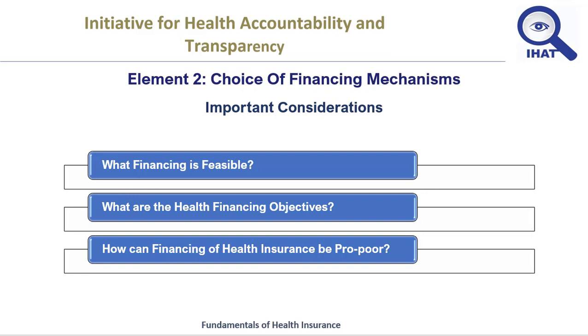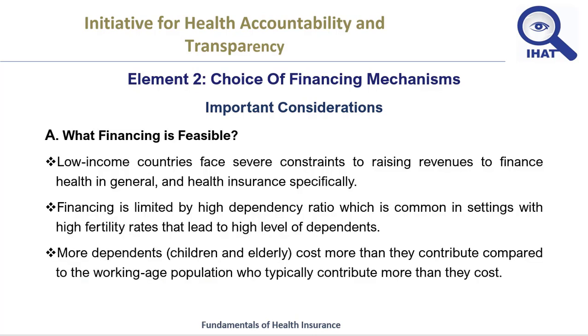This brings us to the second design element of the health insurance program, and this is on the choice of financing mechanisms. So we'll be looking at three important considerations. The first is what financing mechanism is feasible. Low-income countries face severe constraints to raising revenues to finance health in general and health insurance specifically.